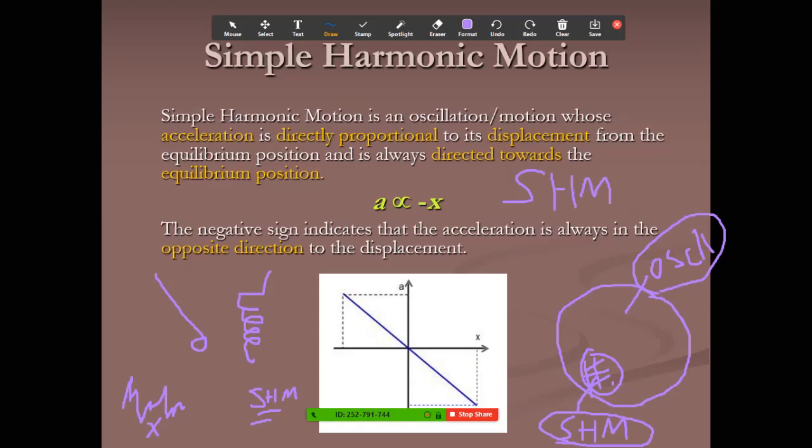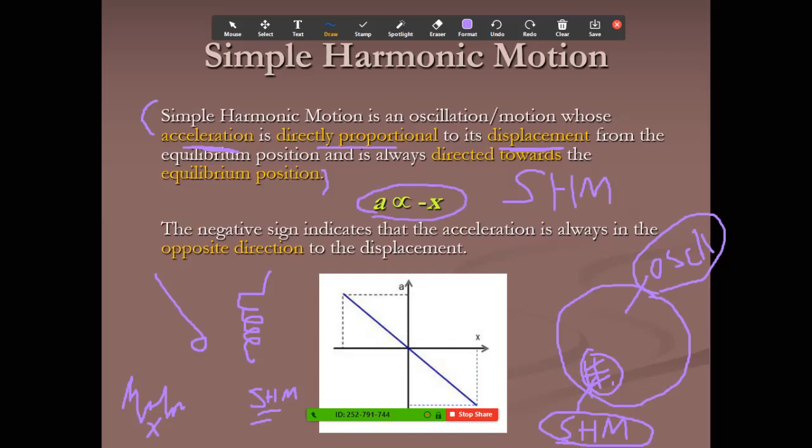So what is meant by SHM? The definition, you have to remember. SHM is a type of oscillation where the acceleration is directly proportional to the displacement and directed towards the equilibrium point.